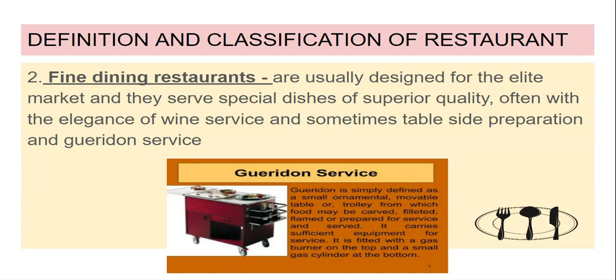There are tools and equipment in our Guéridon service. So, the trolley is composed of different equipment that is needed for the service. It is fitted with a gas burner on top and a small gas cylinder at the bottom, so that the chef can prepare well the food being ordered by the guest.